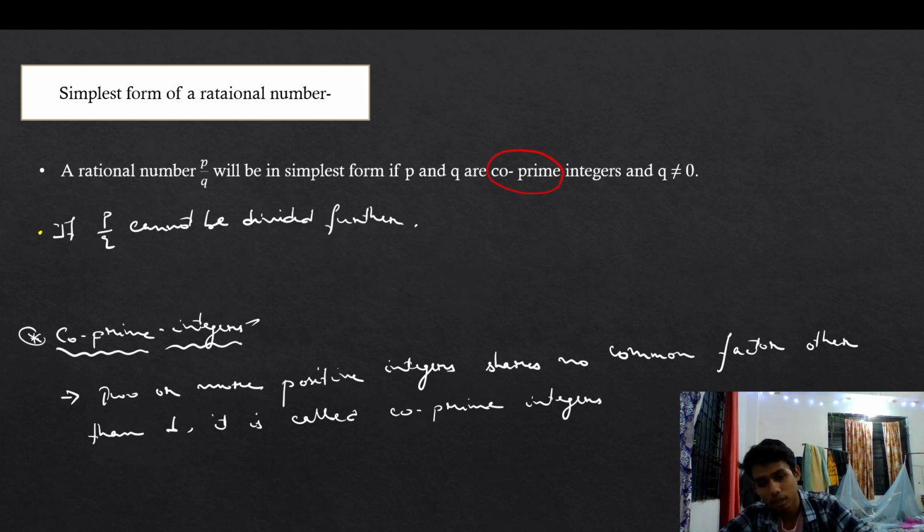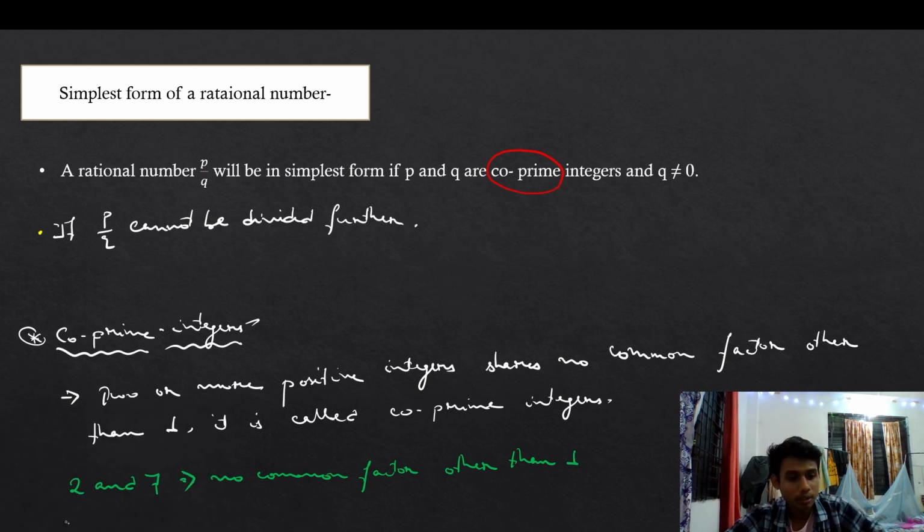Now let us take an example. Let us take the numbers 2 and 7. In these numbers we have no common factor other than 1.